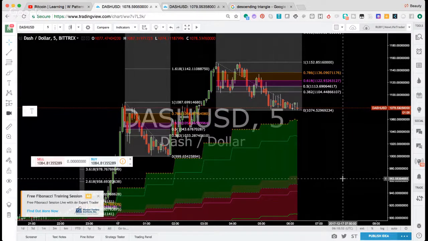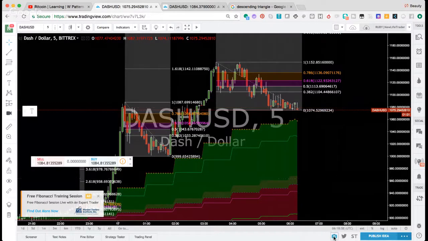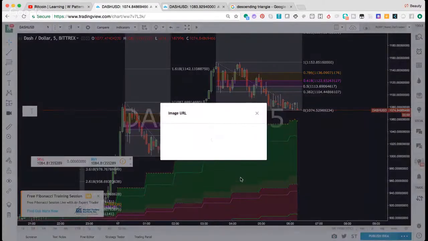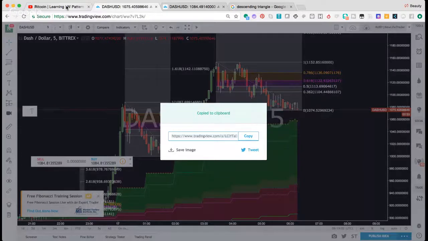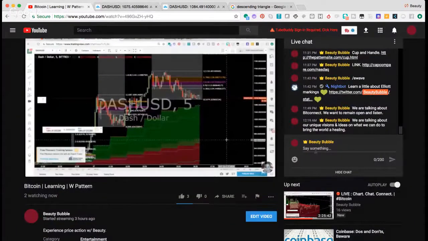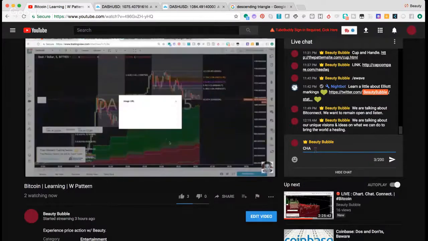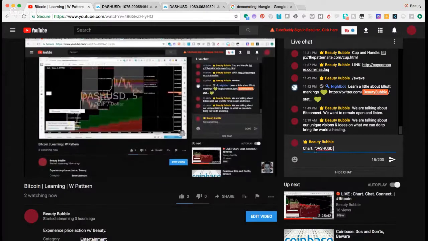Okie dokie. All right, let me take a picture of the chart and get it over to, never done a comprehensive dash chart before. That's pretty interesting. And we're going to do chart, and get a picture of the chart. And it's the BASH USD.